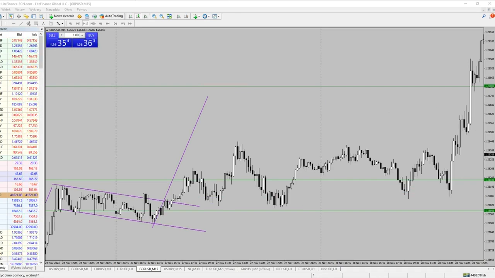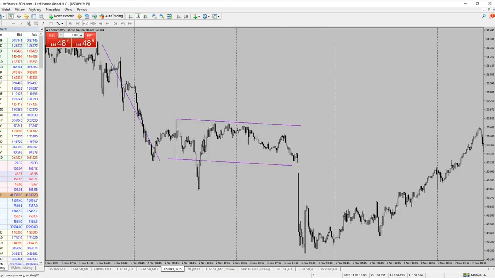Okay, now another one. Let's switch to this one. Very similar situation, especially we are breaking through the support, moving lower. So there are two ways to approach this particular flag, either after the first break or the last leg lower, right? So you have to monitor by yourself.